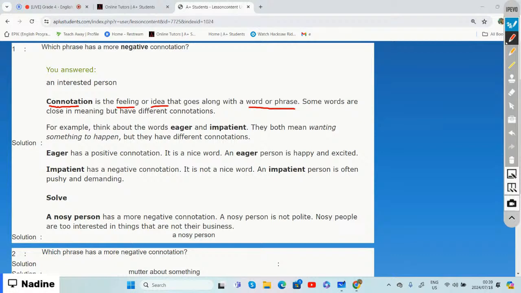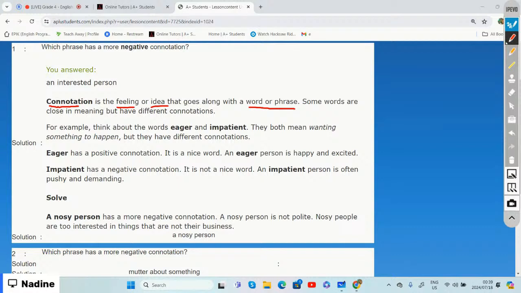For example, it says, think about the words eager and impatient. They both mean wanting something to happen, but they have different connotations. Eager, like you're eager to do something, has a positive connotation. It is a nice word, and an eager person is happy and excited.